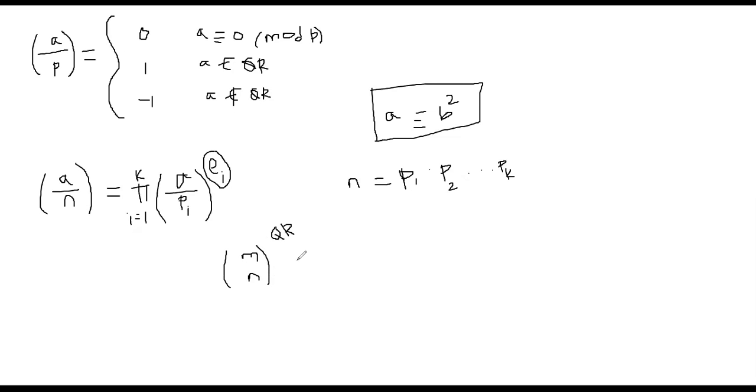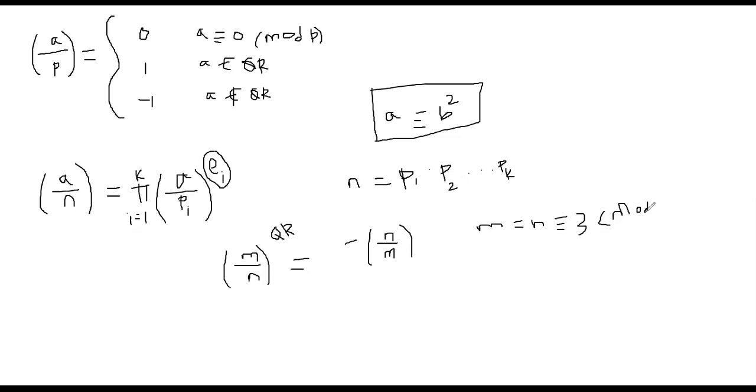This law is telling us that if you want to compute the quadratic residue of m in composite group n, it's enough to compute the quadratic residue of n in m. You're basically swapping n and m, provided m is congruent to n is congruent to 3 mod 4.